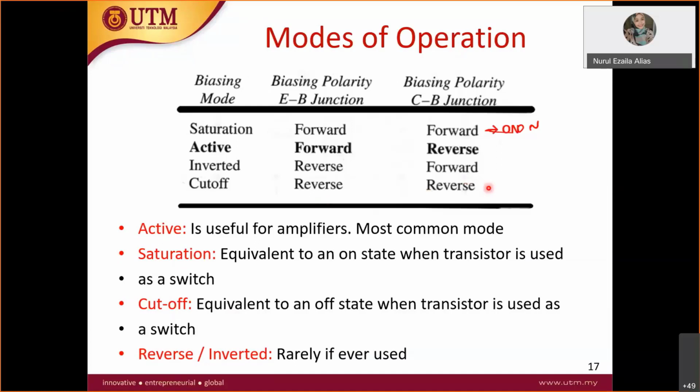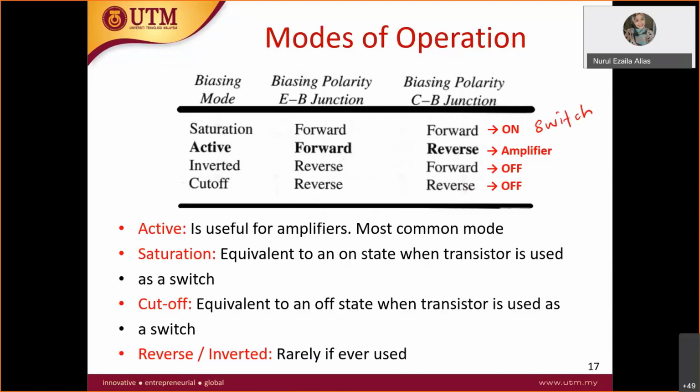For your saturation region, we consider it on. And active is when you want to make your BJT an amplifier. Inverted is off, cut off is also off. So usually these two will behave as an on switch.